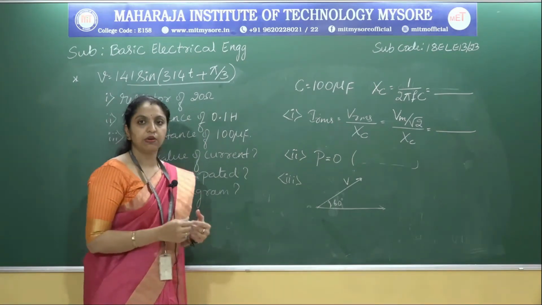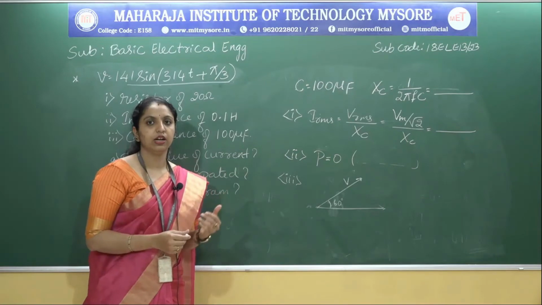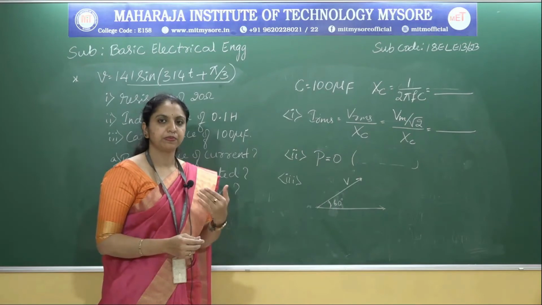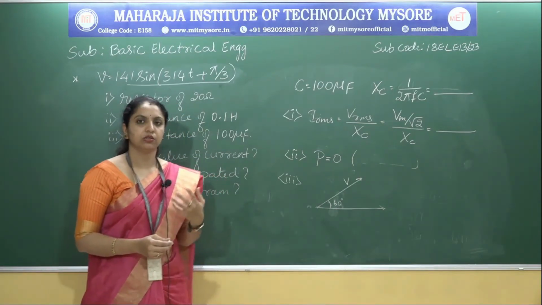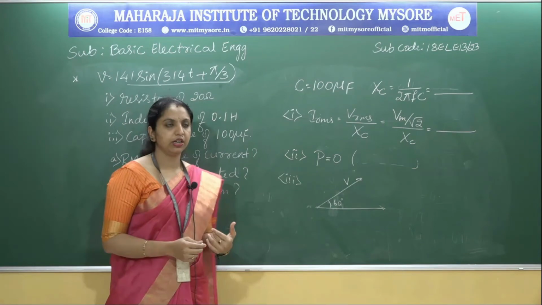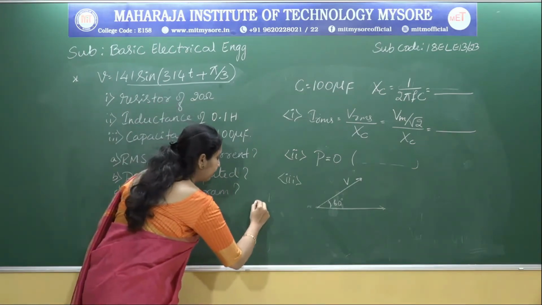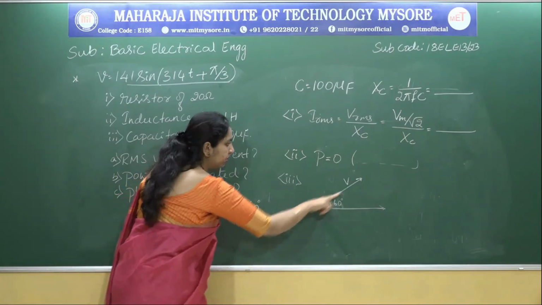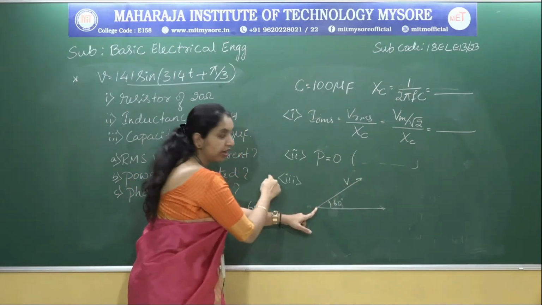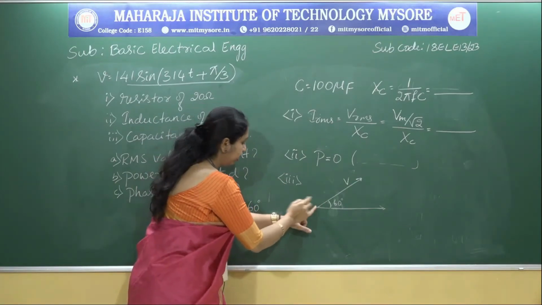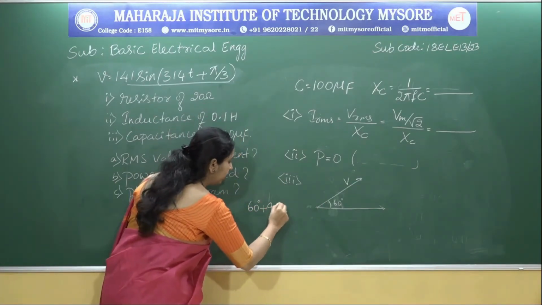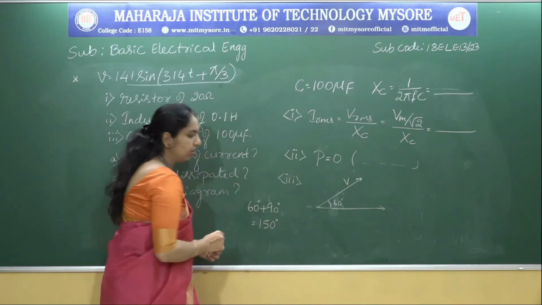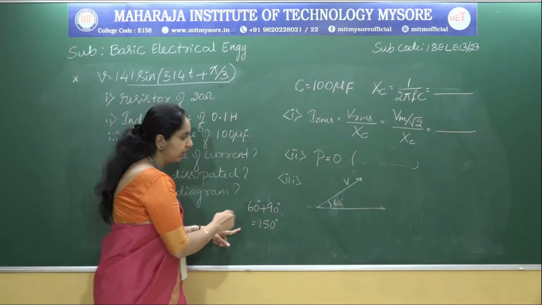We know that in a pure capacitive circuit, the current always leads the voltage by 90 degrees. So from the voltage point I should draw the current at a 90 degree difference. Plus 90 from the 60, we get 150 degrees.